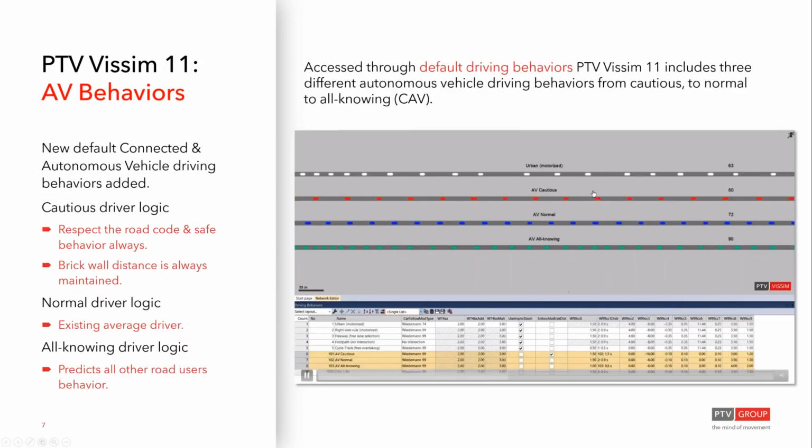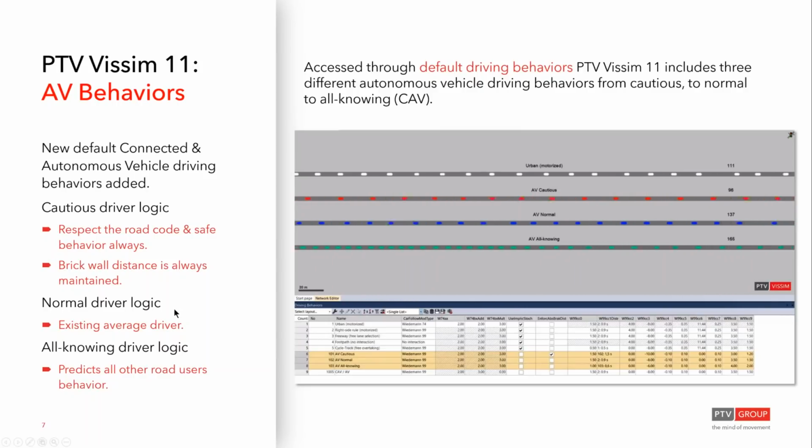You see this in the difference between the red vehicles, which make use of the cautious AV driving logic, compared to the urban default in Vissim. We also see a smaller throughput for this. They try very carefully and follow the so-called brick wall distance, which I explain on the next slide.